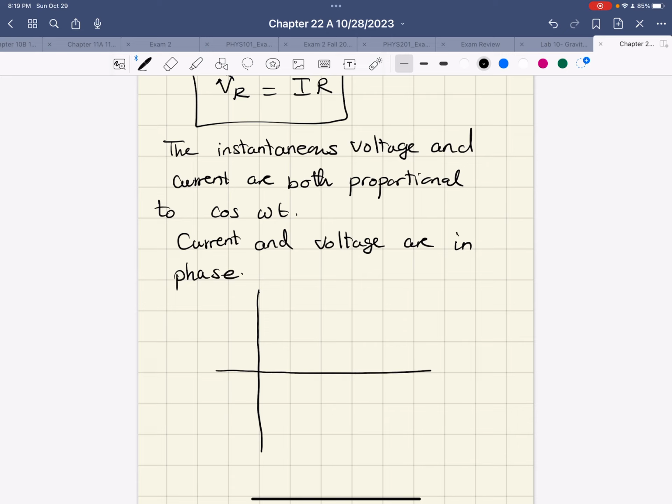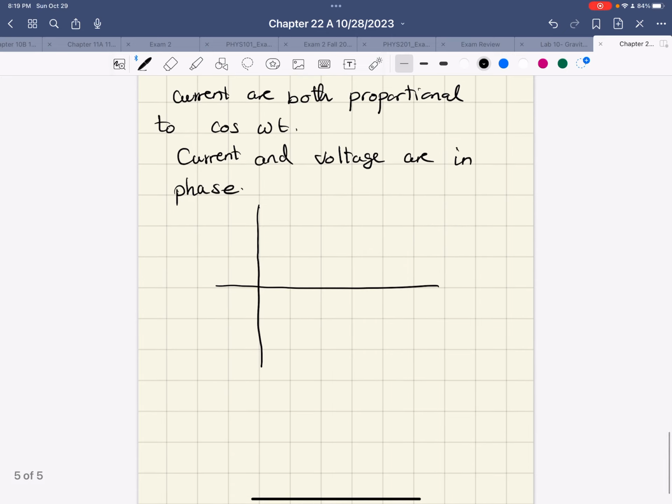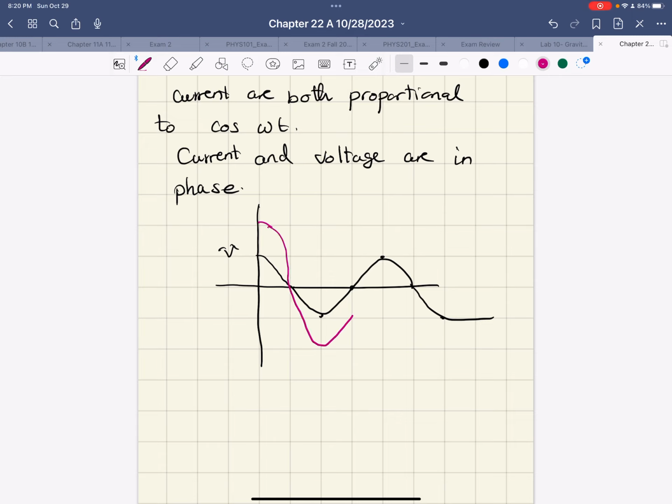That means that if I have the voltage changing like this, let me draw this. If this is V and this is the current, I need to draw my points, it's easier.